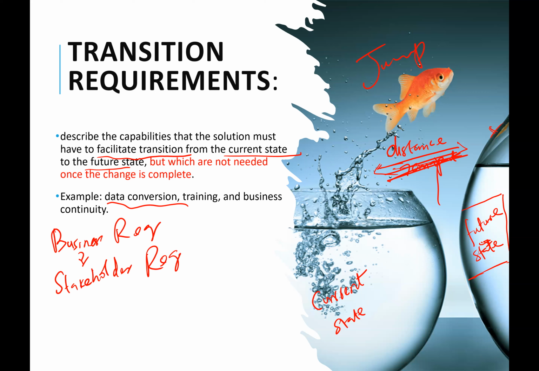From the stakeholder requirements, you start trying to solve the issues the stakeholders have raised. So you come up with solution requirements from the issues or opportunities stakeholders have pointed out.